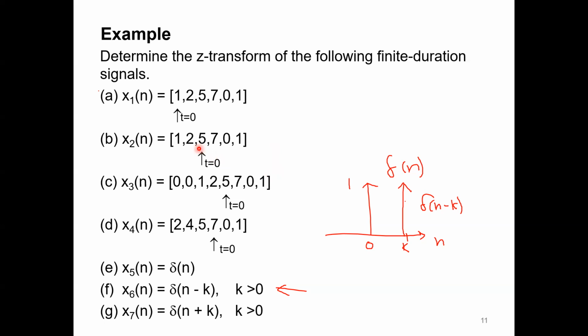All right. So the process is very similar, except for this difference. The sample at the middle is actually time zero. So these are negative samples, negative time, and the positive time. That's the only difference.